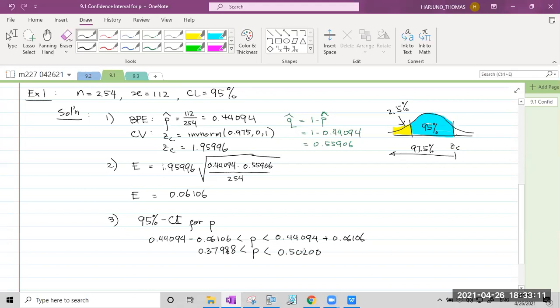We are 95% confident that the proportion of college students in this population is between approximately 38% to 50.2%.